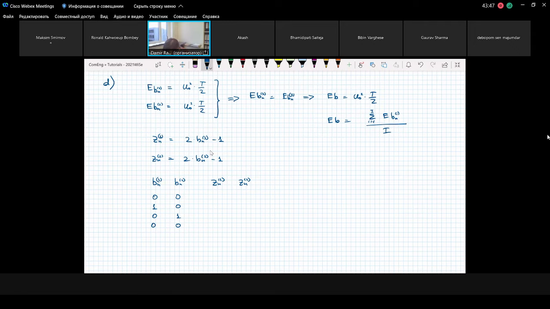If we have 0, we have 2 times 0 minus 1, which is minus 1. And for the second, also minus 1. If we have 1, 0, we have 2 times 1 minus 1, so it will be 1 and minus 1. And we can continue: we get minus 1, 1, 1, and 1.